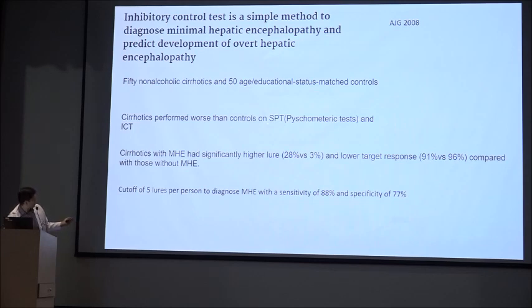They showed that patients with MHE on psychometric tests and ICT had a significantly lower target response, and were unable to correct their mistakes. That's the important part. With a cutoff of more than 5 lures, so if they made mistakes more than 5 times, they could diagnose MHE with a sensitivity of 88% and a specificity of 77%. But this has not been commonly used anymore, and applicability still remains an issue with these tests.